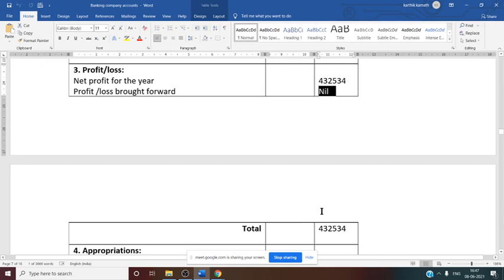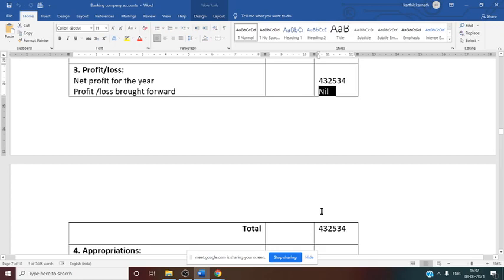Other liabilities and provisions, schedule number 5, total 32,466. Now we want the total of capital and liabilities. So you have to add schedules 1 plus 2 plus 3 plus 4 plus 5 to get the total. So here the total is 42,15,000 rupees.